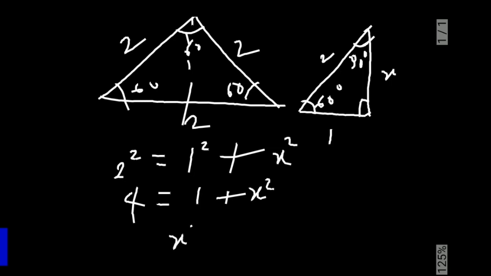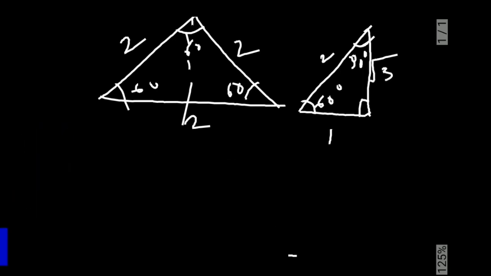So x squared equals 4 minus 1, which equals 3. Since we are looking for x, we take the square root of 3. So x is equal to root 3. So we can erase this now. Now we have the root of 3.